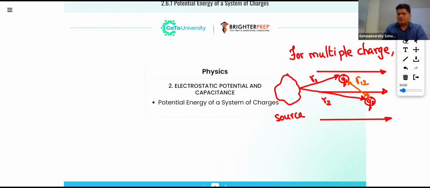So what will be the potential energy of the system, the potential energy of these multiple charges?